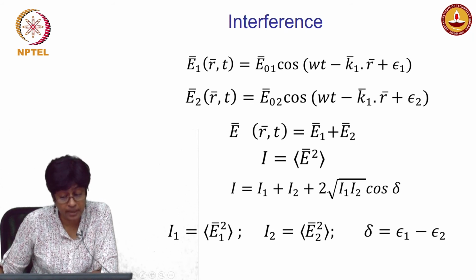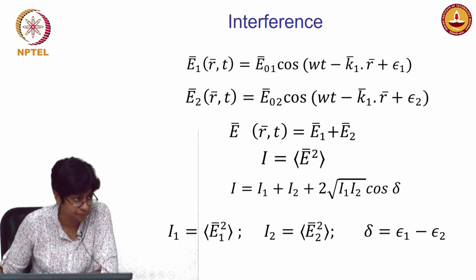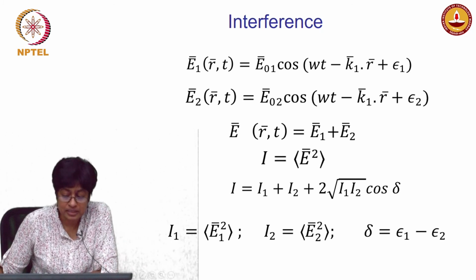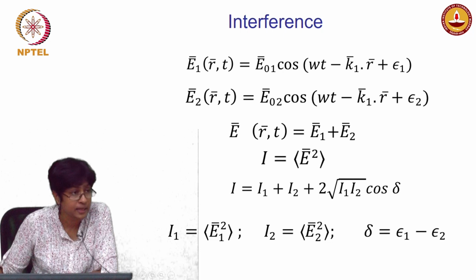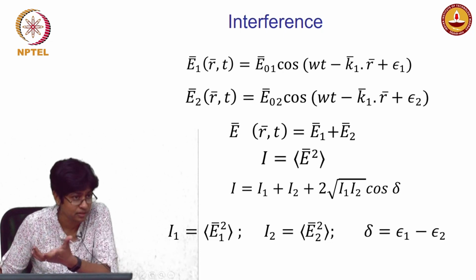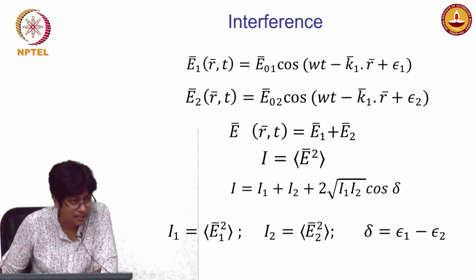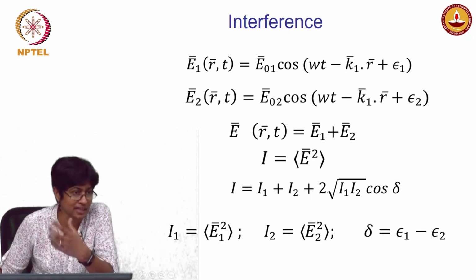So, the omega and k in terms of the lambdas is going to be the same, right, because it's the same frequency. This is the phase of this beam determined by the path it has travelled. This is the phase of the second beam determined by the path that it has travelled.